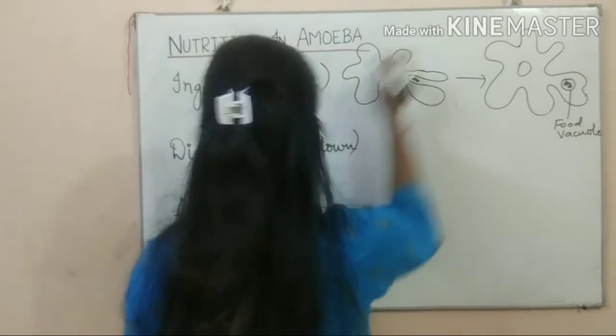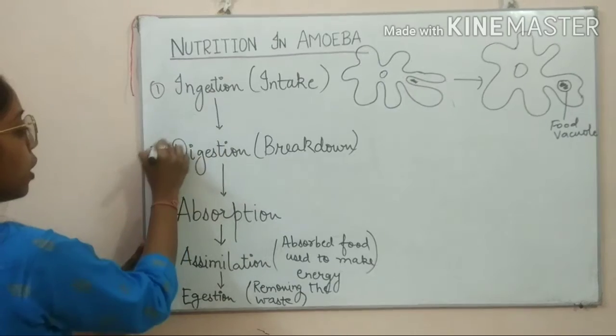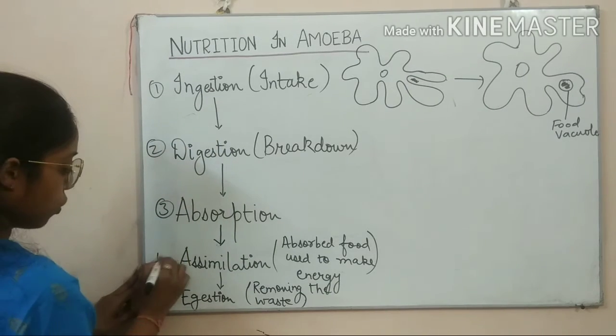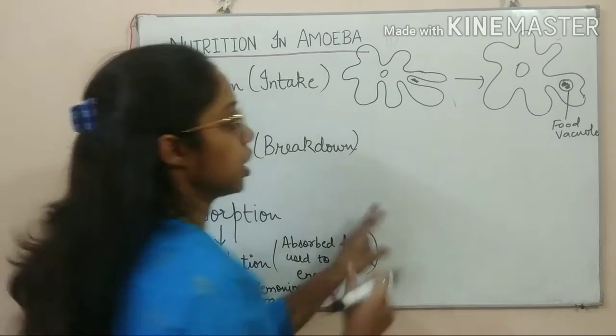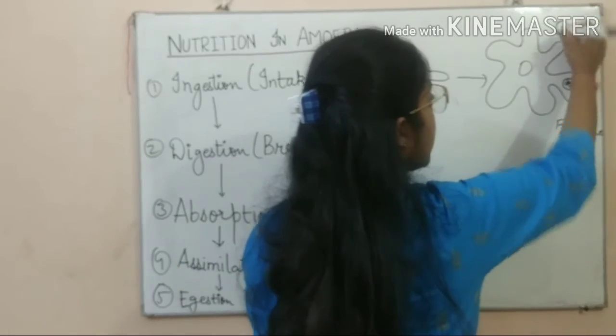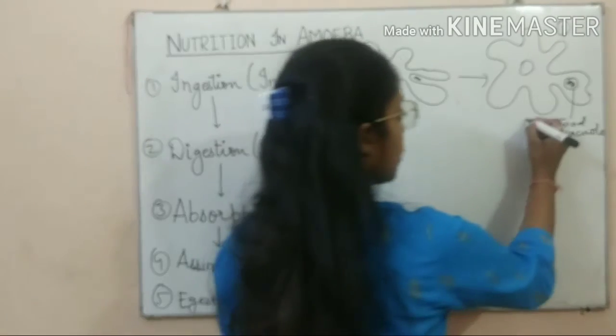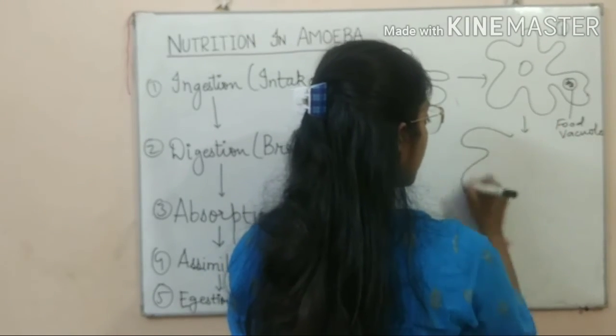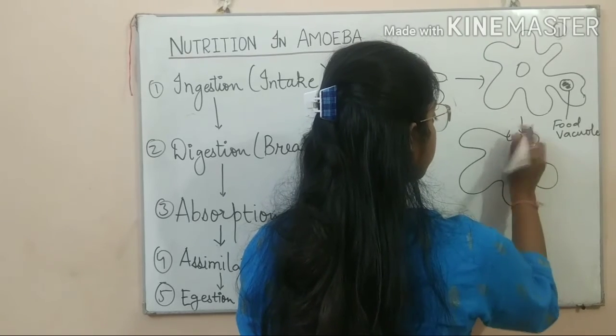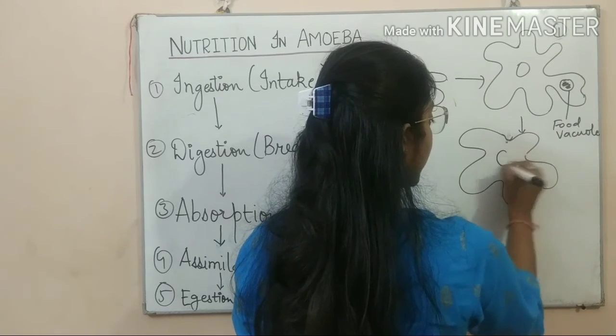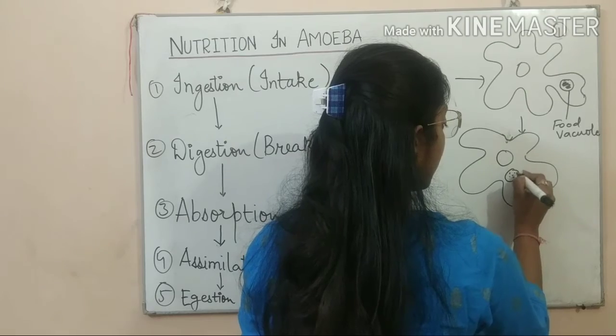Digestion will take place here. If I name it 1, 2, 3, 4, 5, this is one, ingestion. After that, what will happen? This food that it has taken in, it will digest.